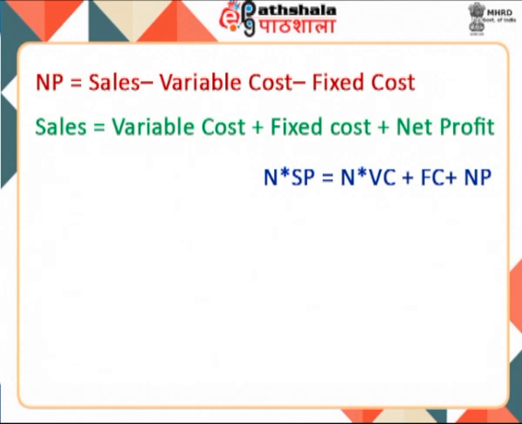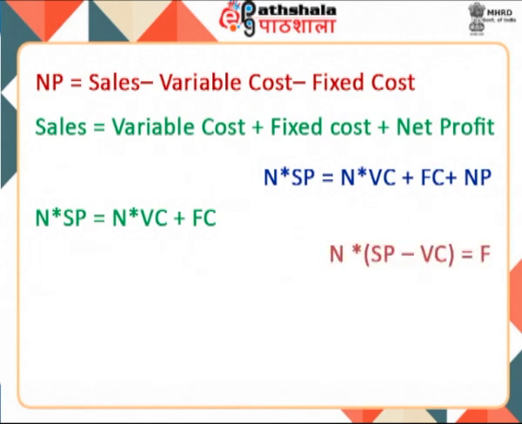Therefore, the equation can be written as N multiplied by SP is equal to N multiplied by variable cost plus fixed cost F. Or we can say that N multiplied by selling price minus variable cost is equal to fixed cost F, or N is equal to fixed cost divided by selling price minus variable cost, and we know that selling price minus variable cost is equal to contribution margin per unit.